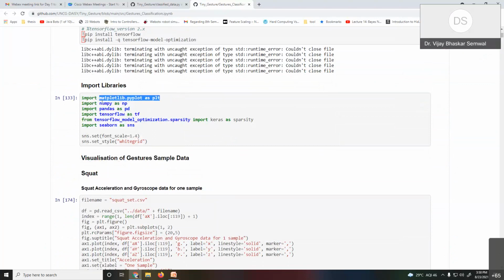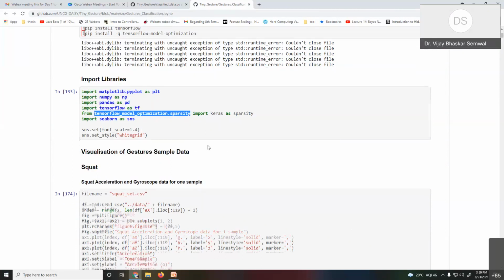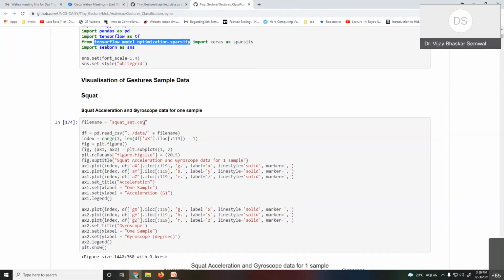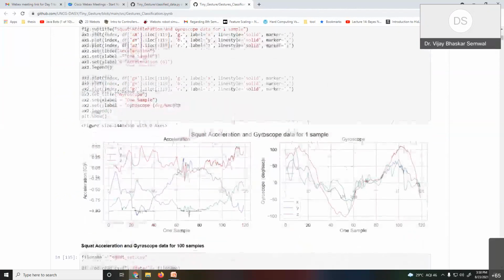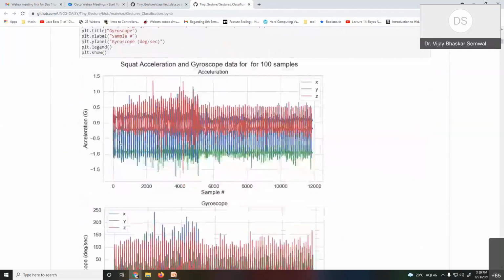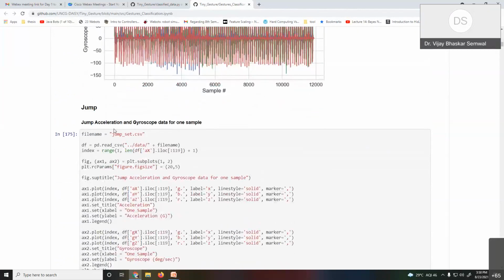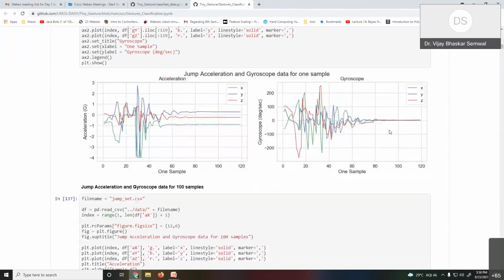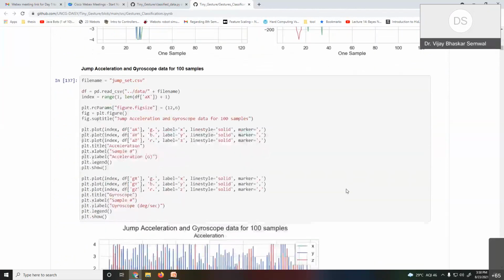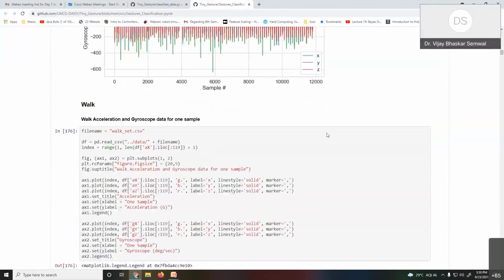Matplotlib is used for plotting everything. The only special thing I have used is the TensorFlow Model Optimization sparsity from Keras, because I need to quantize and prune the model. You can read each file, square.csv, jump.csv, and plot AXYZ for one sample or for the entire sample. Similarly for the other gestures, single samples of accelerometer and gyroscope data, and for all 100 samples.